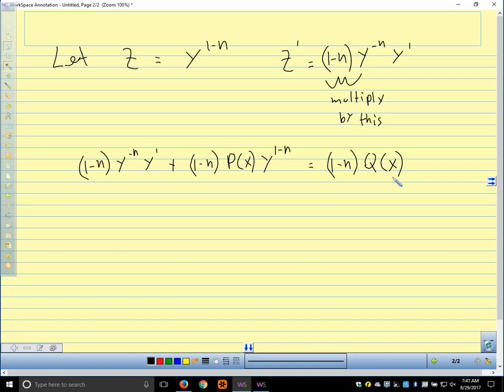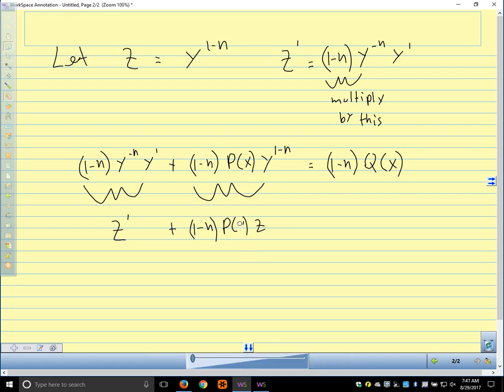Well, let's rewrite this now. This quantity is z prime. This quantity is plus 1 minus n, p of x, z. 1 minus n is just a constant, just a number.